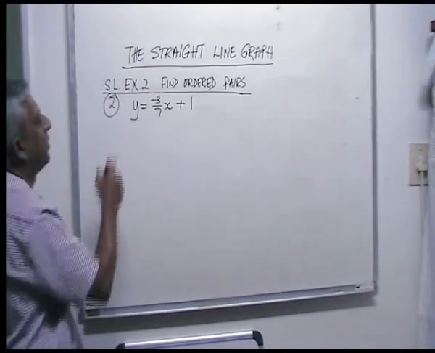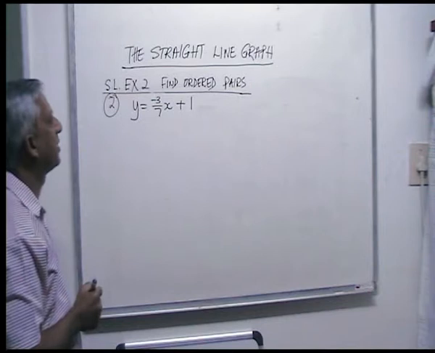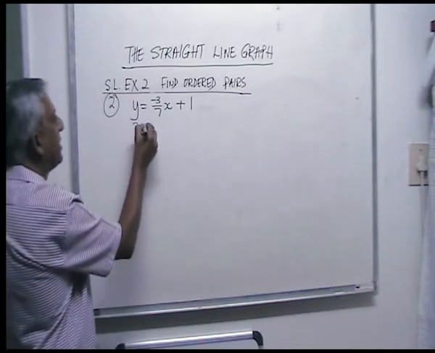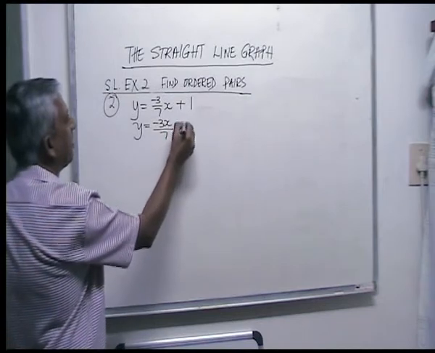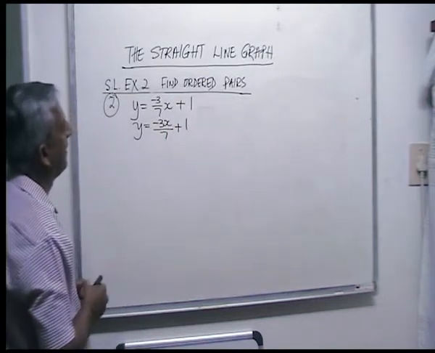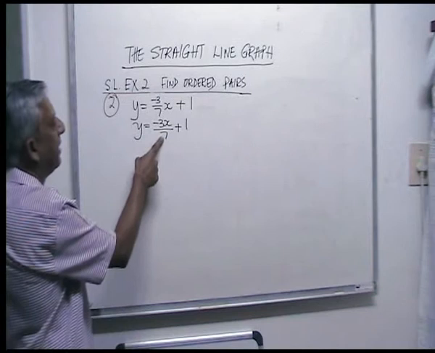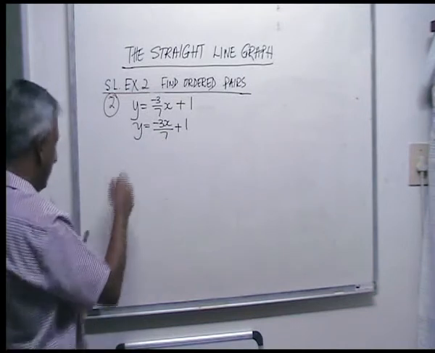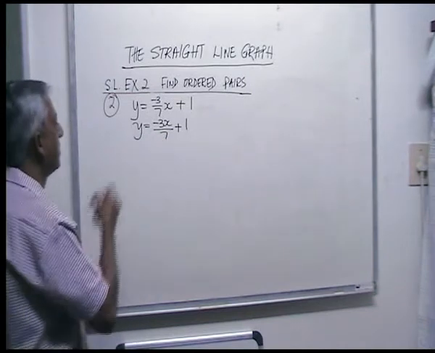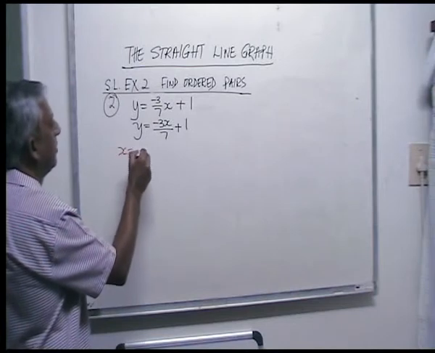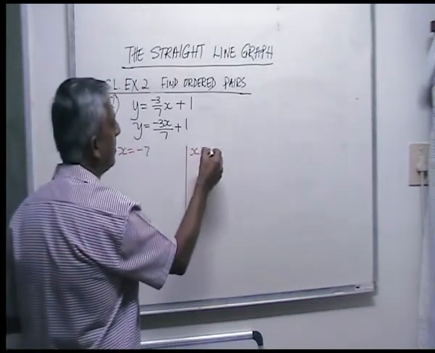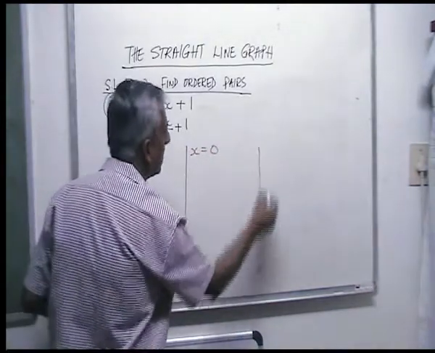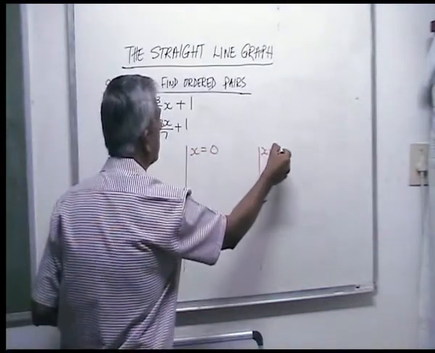Alright, so there was number 2, y is equal to minus 3 over 7x plus 1. So first you write it down nicely, that's minus 3x over 7 plus 1. And then you look at the denominator, it is 7. Therefore, you're going to choose x is equal to minus 7, x is equal to 0, x is equal to 7.